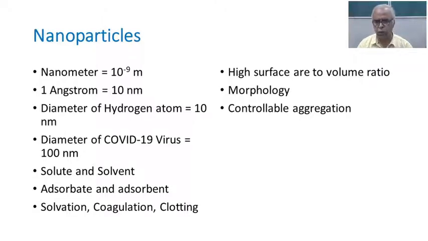Hydrophobic means it doesn't like water. It is not compatible with water. Whereas water, as you know, is polar. So oil and water are immiscible. That can be made miscible by using an emulsifier.